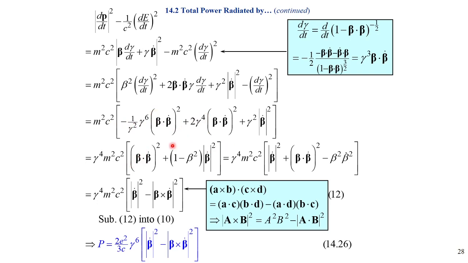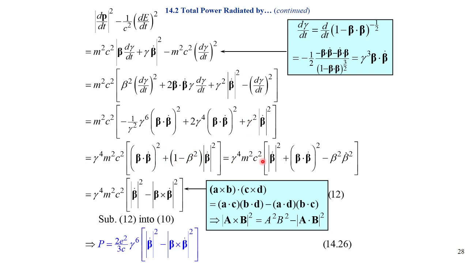Okay, so we can move these terms to here, and gamma to the fourth, and this is gamma squared. So it's 1 over gamma squared if we move gamma to the fourth to the front. 1 over gamma squared just equals 1 minus beta squared.